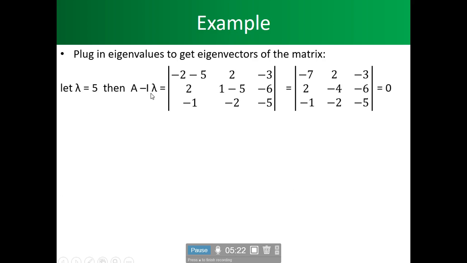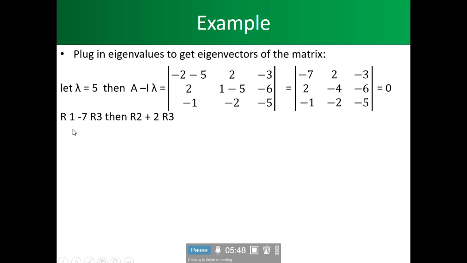Then A minus I lambda is equal to this new matrix. And we have this matrix right here. When we add a -2 to a -5, we get a -7. When we add a 1 to a -5, we get a -4, and we have a -5. All the other components that are off the diagonal do not change.